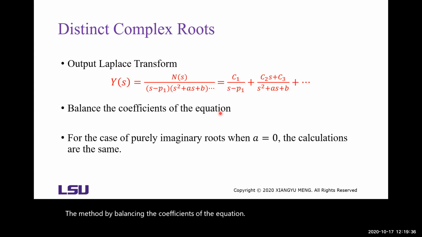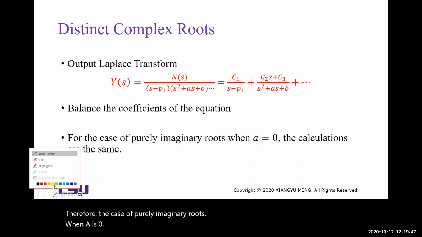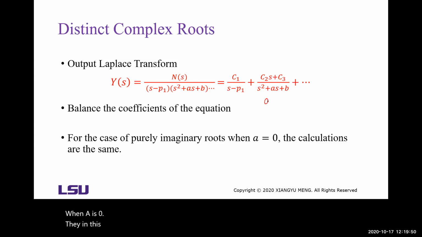Then for the case of purely imaginary roots, when a is 0, and b is greater than 0, then s squared plus b has a pair of imaginary roots. This will be square root of b j and minus square root of b j.